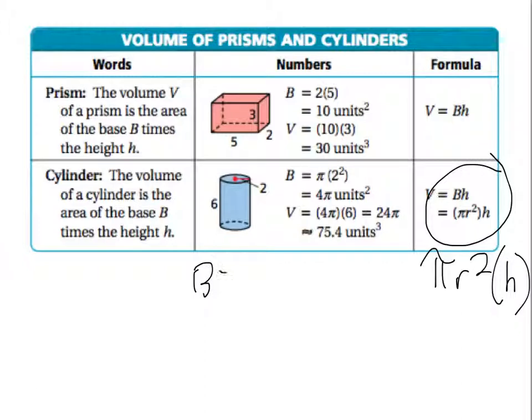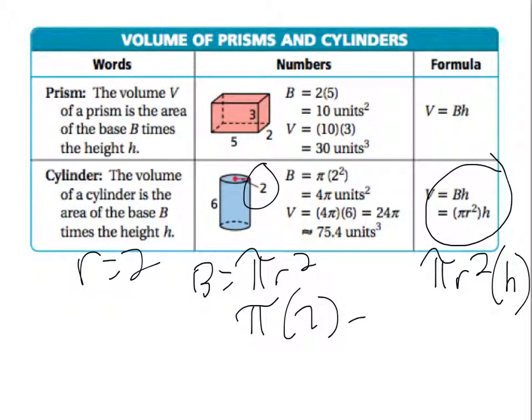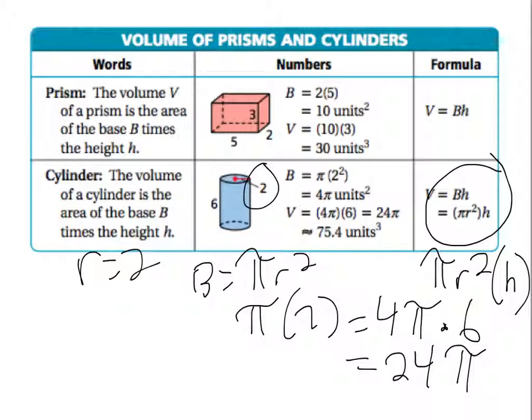So base is equal to pi r squared. Well, r is 2 according to this picture. So pi times 2 squared is equal to 4 pi. And then we multiply that by the height, which is 6. So 4 times 6 is 24 pi. If you multiply 24 pi out, you're going to get about 75.4 units cubed.